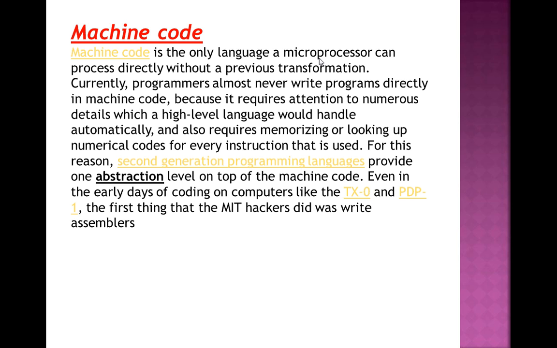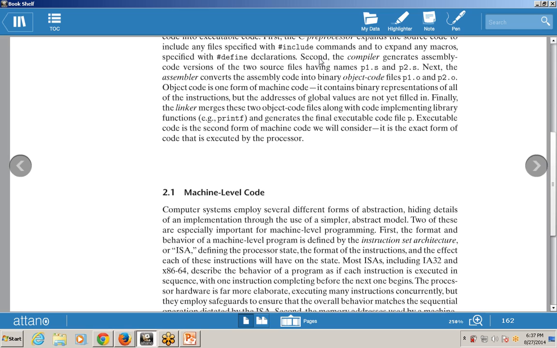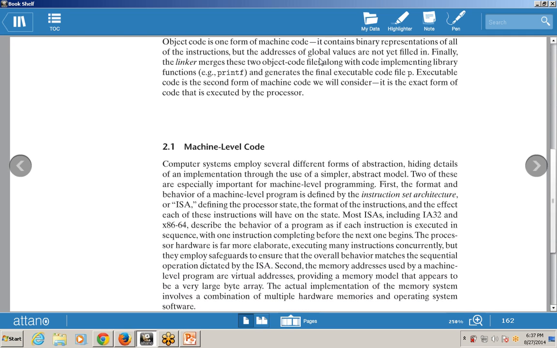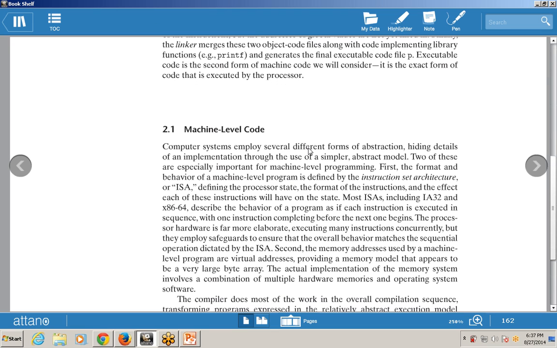So this is the machine code that is written in zeros and ones. This is also the same example. This says computer systems employ several different forms of abstraction, hiding details of an implementation through the use of a simpler abstract model. Two of these are used for machine level programming.